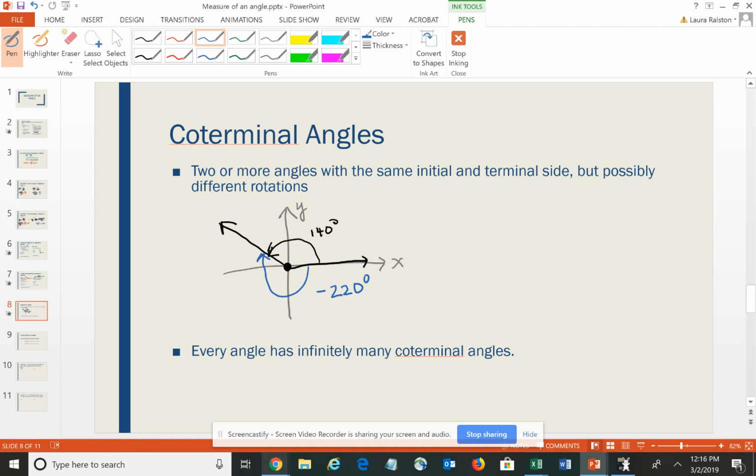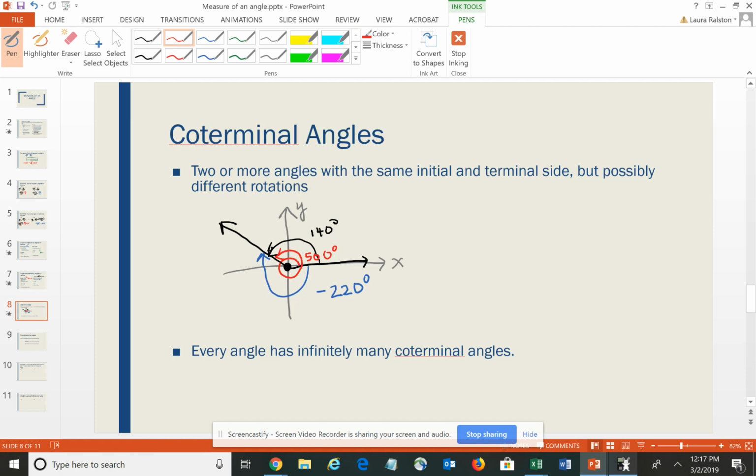We could also, if I'm going to try to sketch it here on this grid again, start at that initial side, go a full revolution, and back to that same terminal side, and I would have a 500 degree angle.